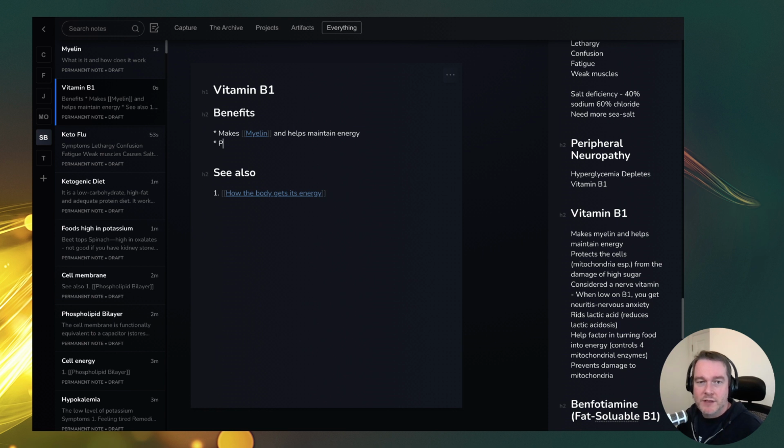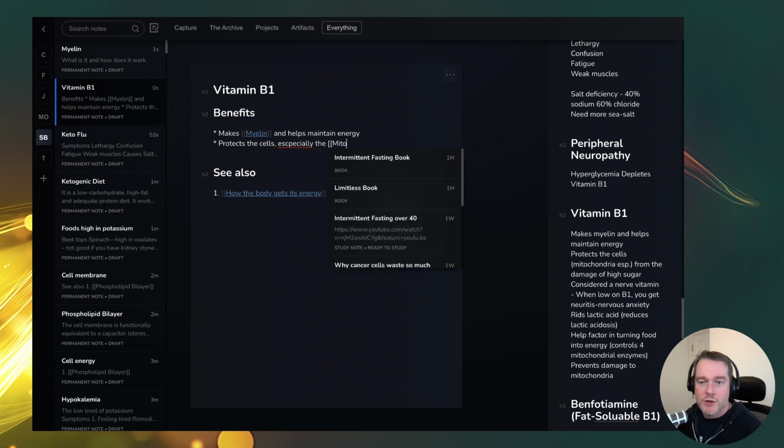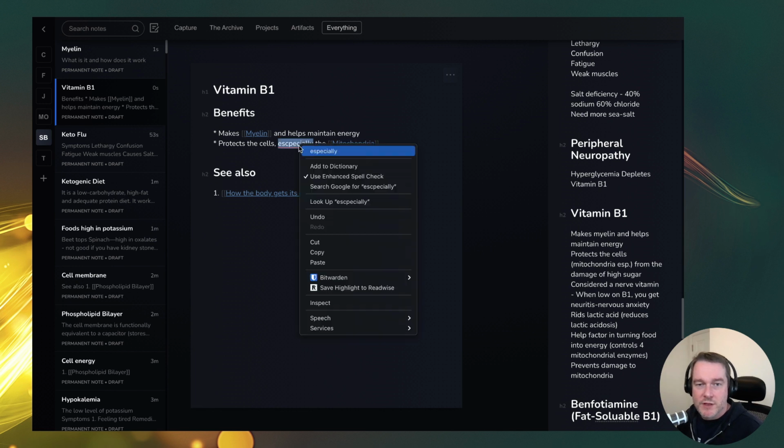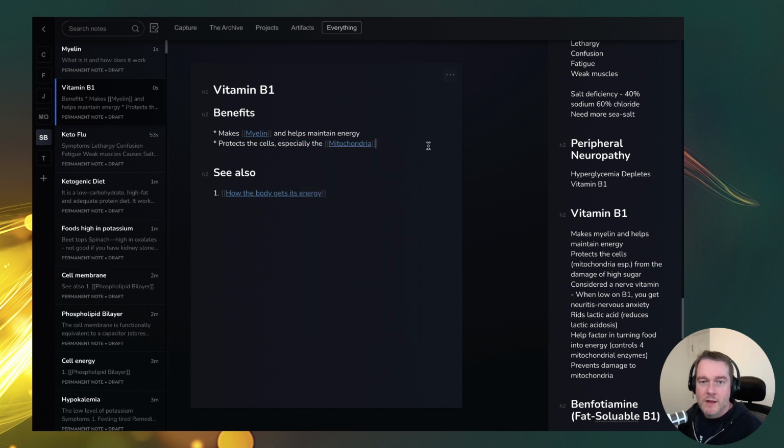Then it protects the cells, especially the mitochondria, from damage.